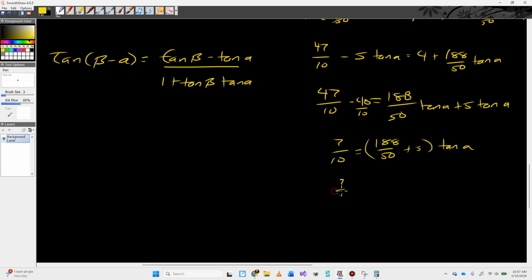So let me just rewrite that: 250 over 50 plus 188 over 50. Well, that's 250 plus 188, that is 438. So 438 over 50.